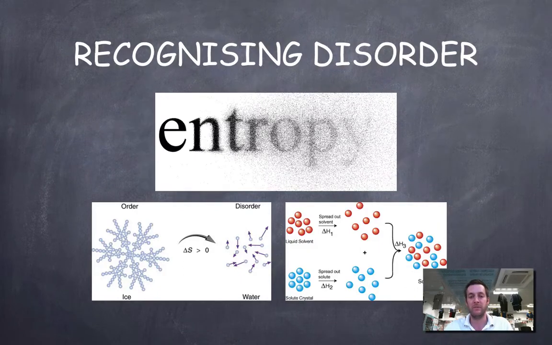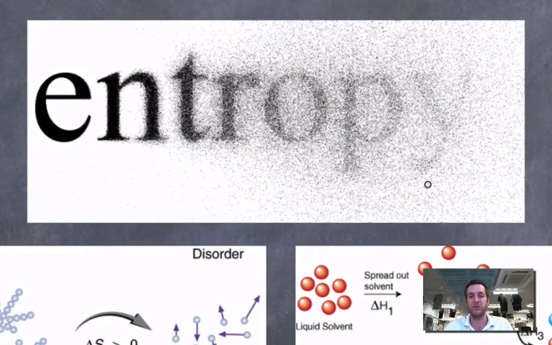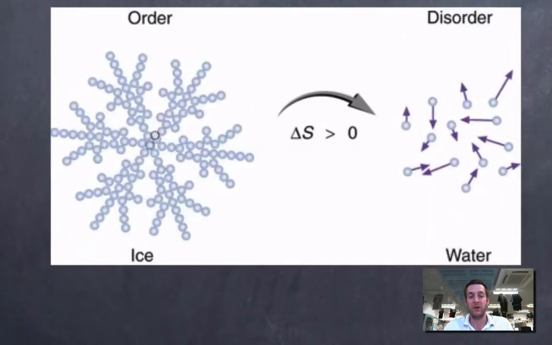This first picture, of the word entropy, shows the particles starting off in a very ordered state and becoming more and more disordered. So the entropy of this system is increasing as we read the word, I suppose you could say.